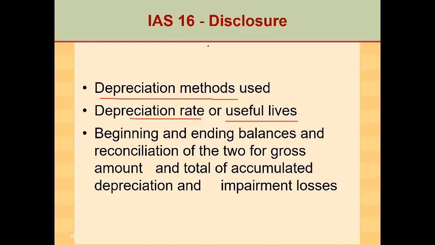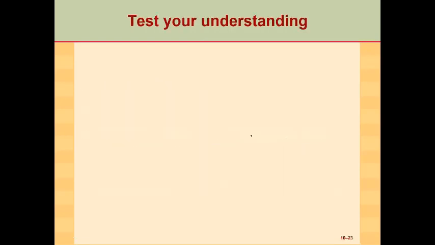Meaning we are always presenting, for example, the asset's beginning balance, we are subtracting the accumulated depreciation to get the book value. This will be considered as the beginning. This will be considered as the end. This is the change that happened during the period. All of that must be presented or disclosed by the company.